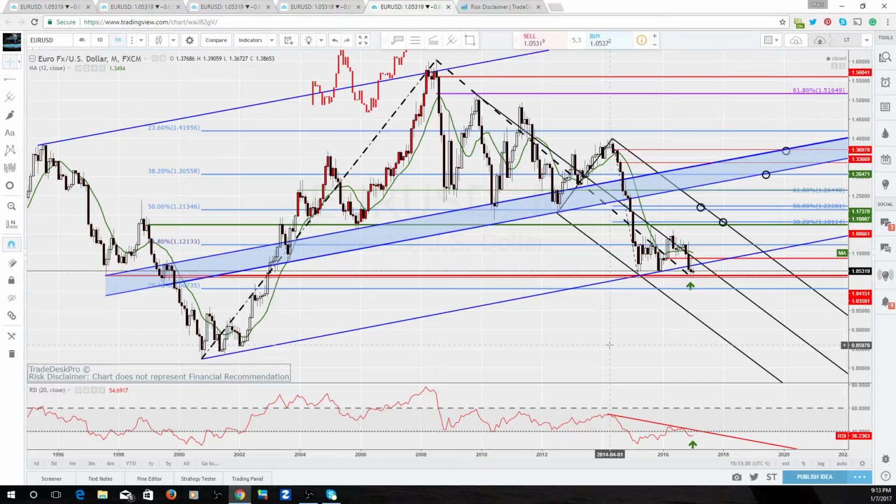Okay, then, oh yes, why are these hollow candles red? It's because I wanted to show you something else, how price has a memory, and price movements also have a memory, and that's why I copied this.